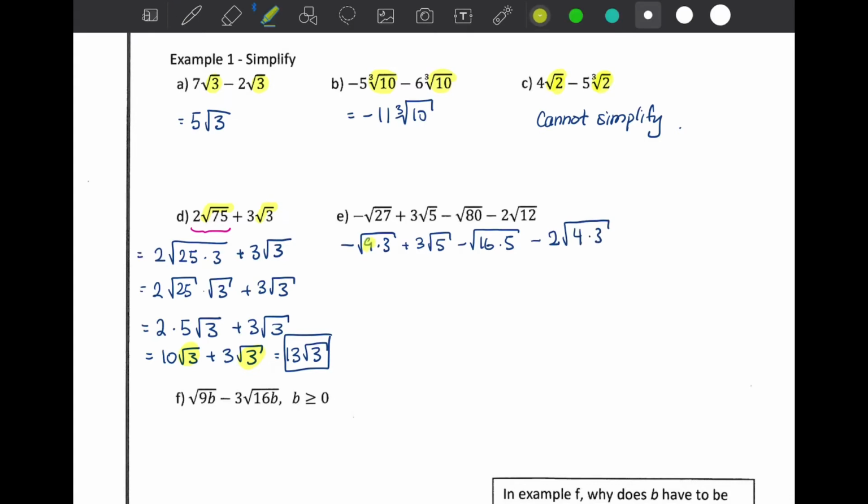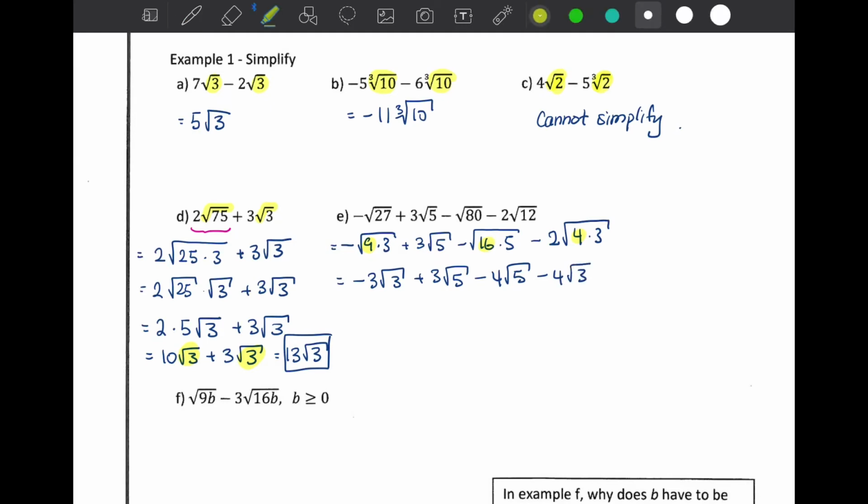I know these are perfect squares, so I can take those out. I have negative 3 root 3 plus 3 root 5 minus 4 root 5 minus 4 root 3.